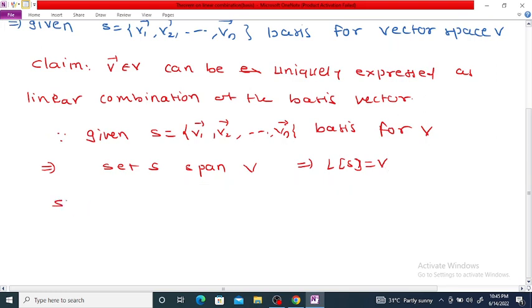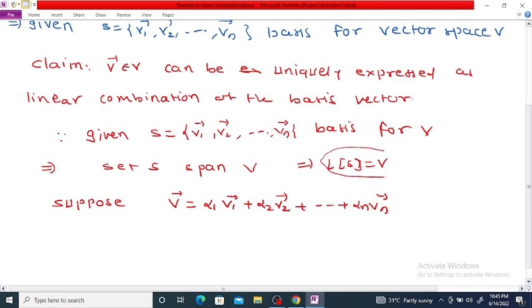Now suppose V bar is equal to alpha 1 V1 bar plus alpha 2 V2 bar plus ... plus alpha n Vn bar. Why is it possible? Because set S spans V. Span means every vector V belonging to V can be expressed as a linear combination of vectors in set S. And suppose V bar is equal to beta 1 V1 bar plus beta 2 V2 bar plus ... plus beta n Vn bar.